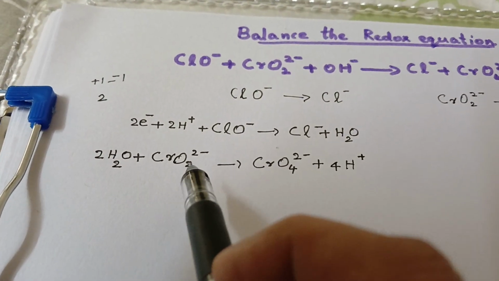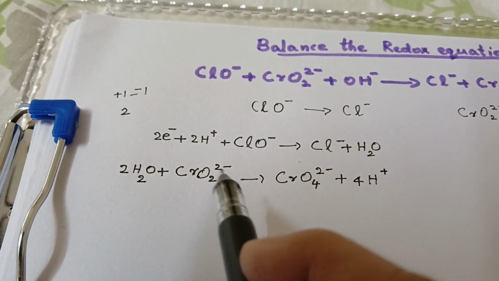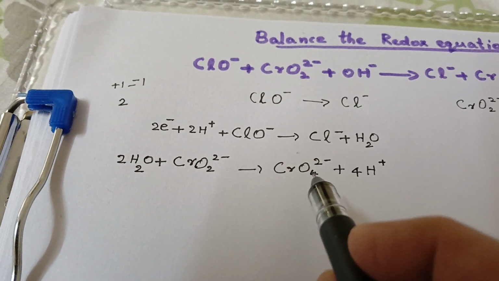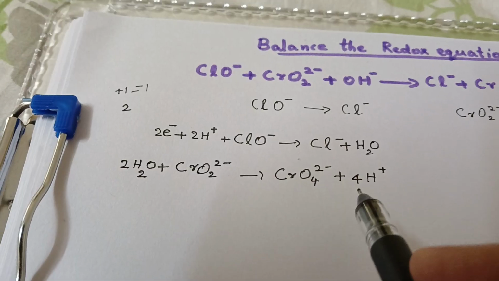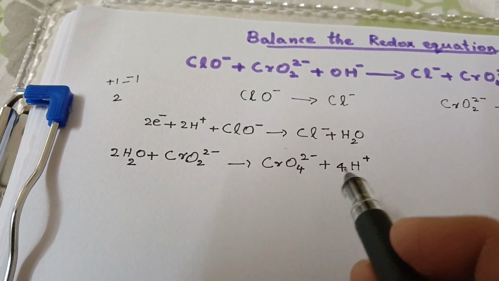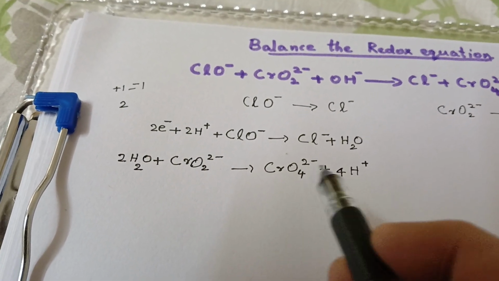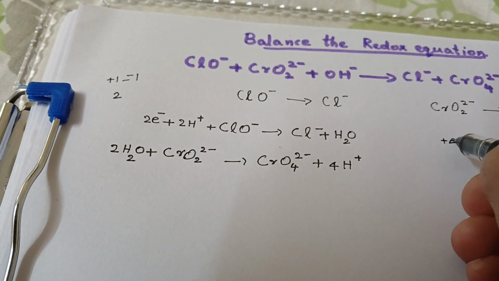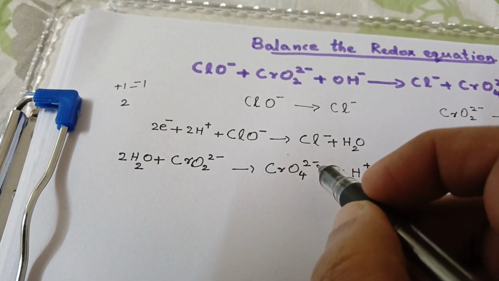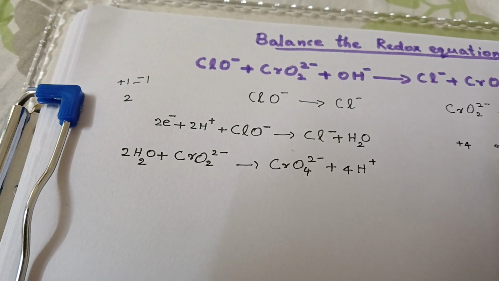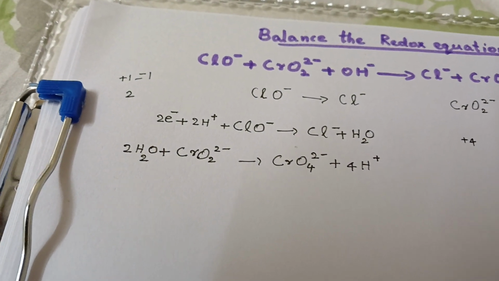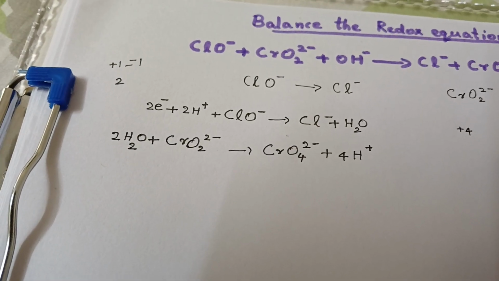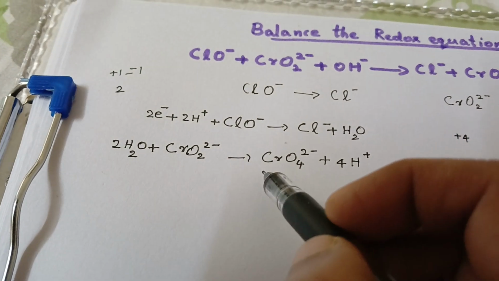Now we will look at the charges. Minus 2 charge on the left hand side. Here we have minus 2 and plus 4 from the 4 H plus ions. What is the resultant? Plus 4 plus minus 2 will give us plus 2. Overall charge is plus 2. But what is the difference between this plus 2 and minus 2?